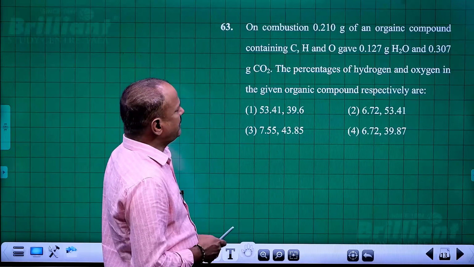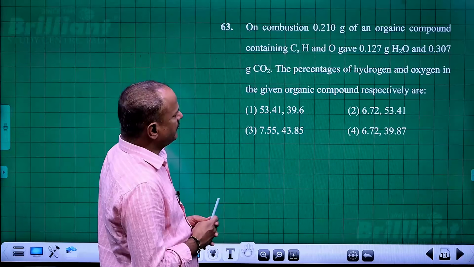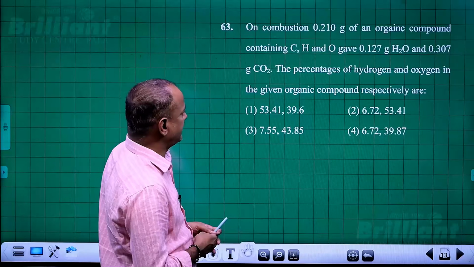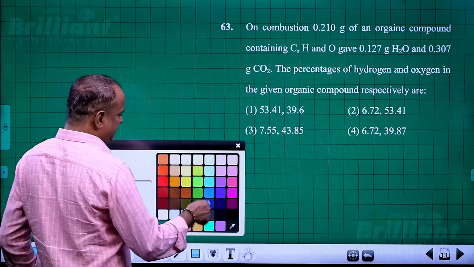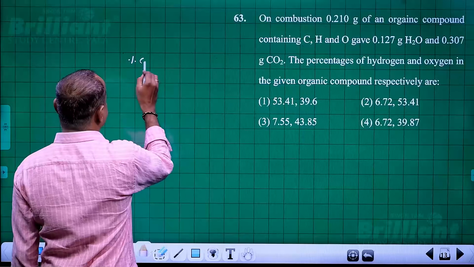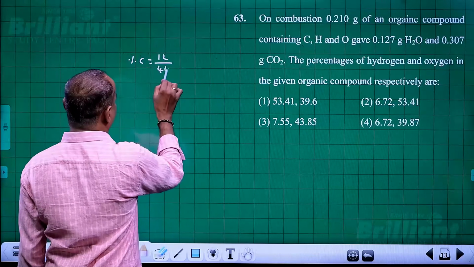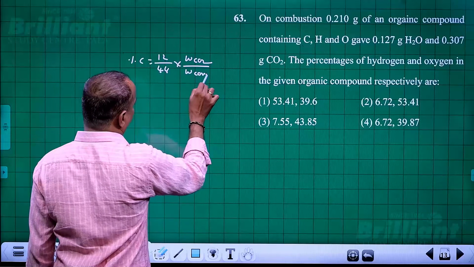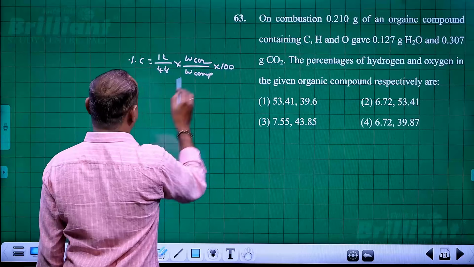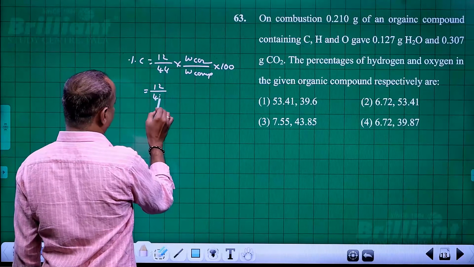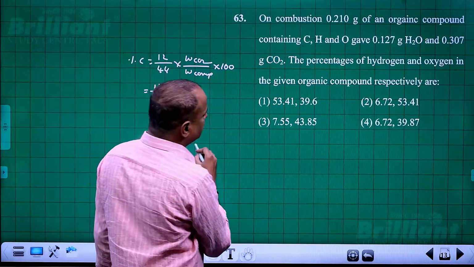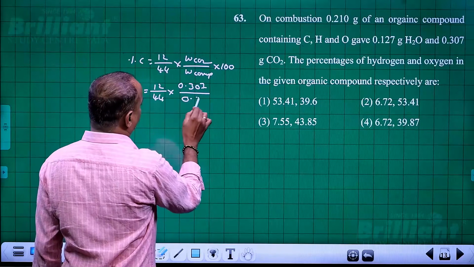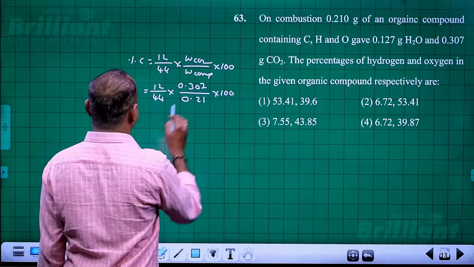Next, compound mass 0.21, containing C, H, O. Mass of water and carbon dioxide given. Find the percentage of hydrogen and oxygen in the compound. Oxygen is 100 minus the rest. Percentage of C is equal to 12 by 44 into mass of carbon dioxide by mass of compound into 100, that is 12 by 44 into 0.307 by 0.21 into 100.